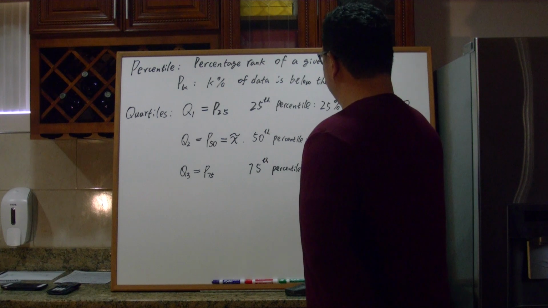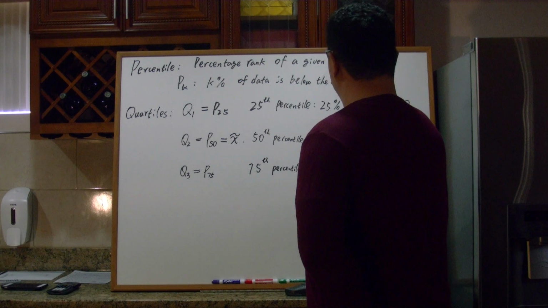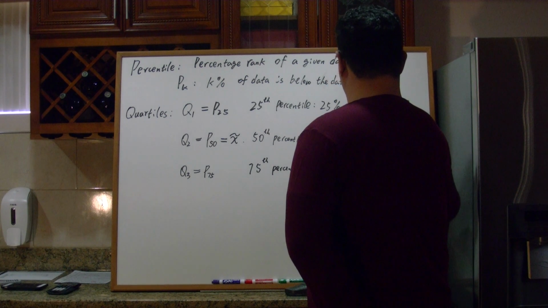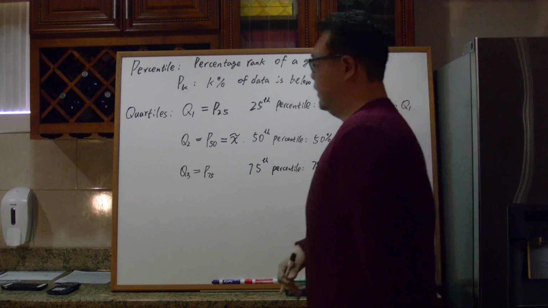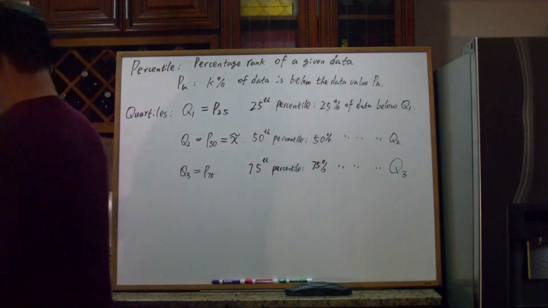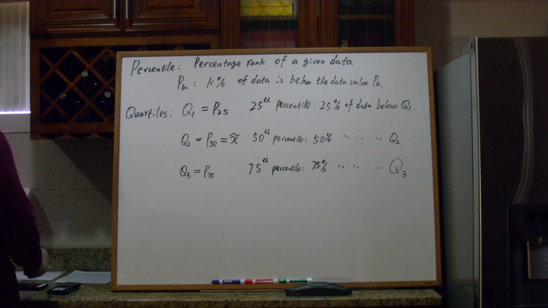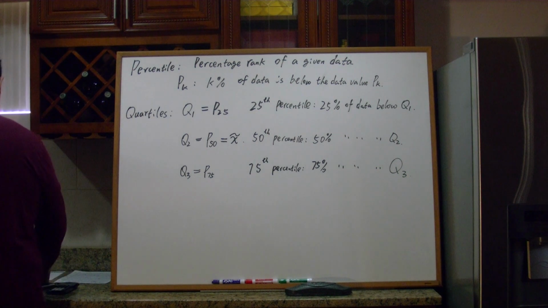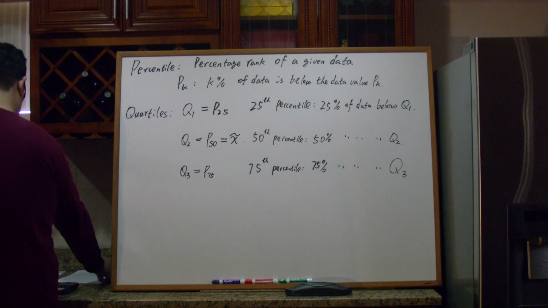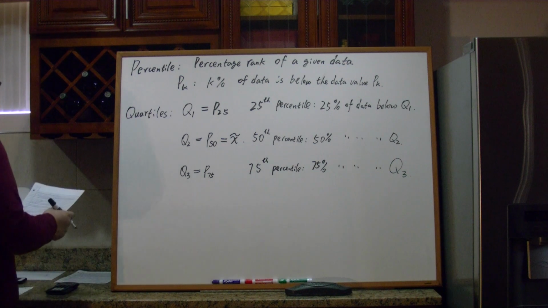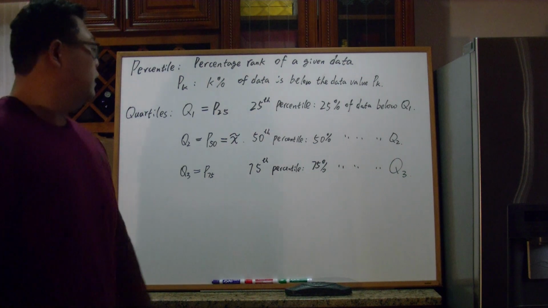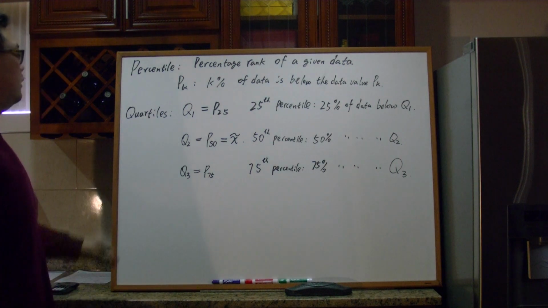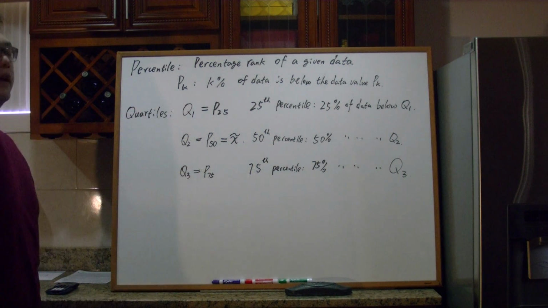That means 75% of data below our Q3. Right, so those are special values of the quartiles.